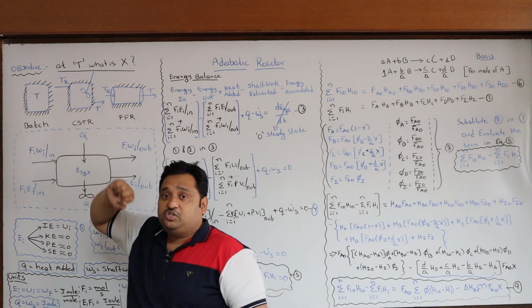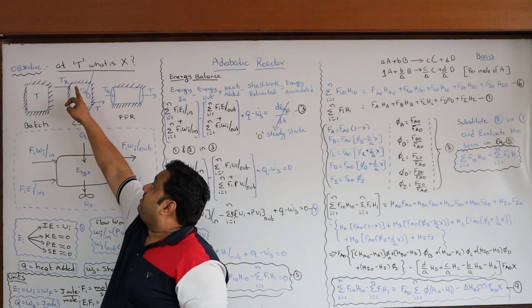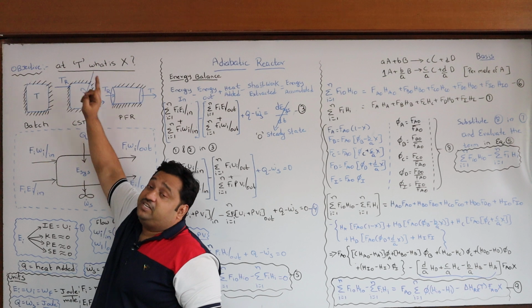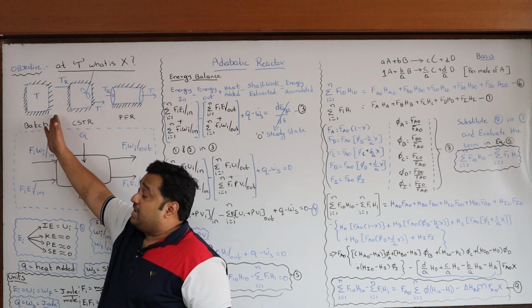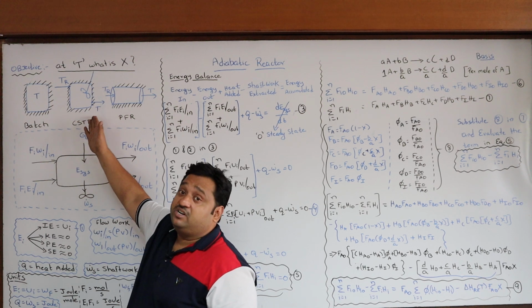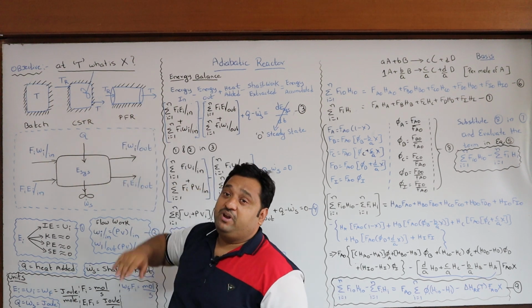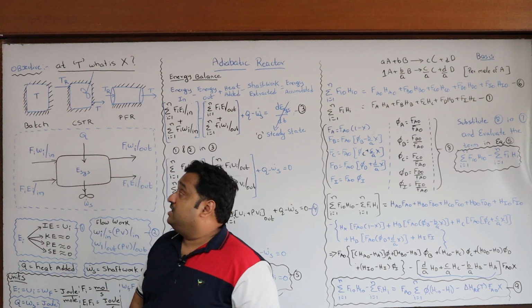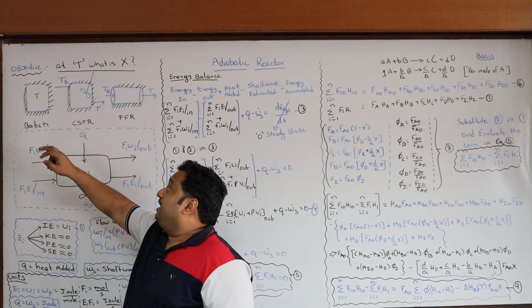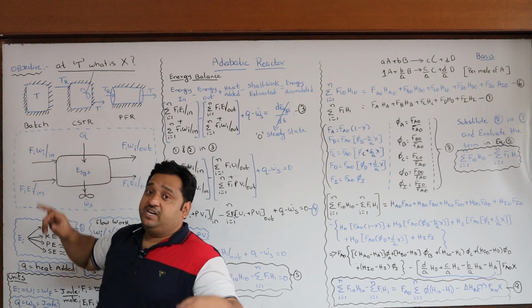The objective of the lecture is to find, at temperature T, what the conversion X is, whether it is a batch reactor, continuous stirred tank reactor or plug flow reactor. The only thing you should know is the temperature T of the reactor. In a batch reactor, it is the temperature inside the reactor.